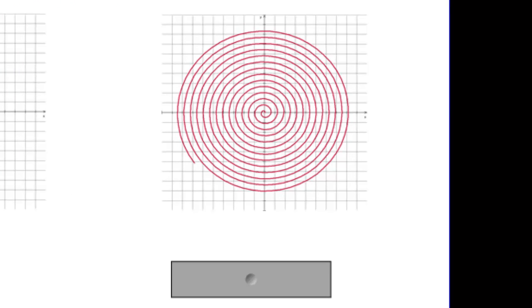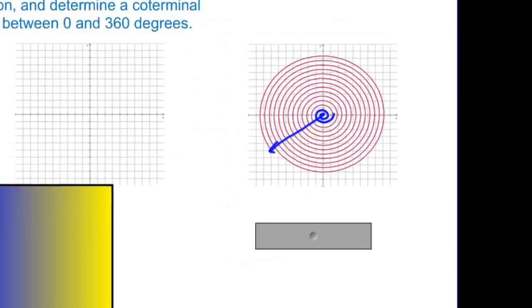So our first angle, so here's 360 degrees, 720, and so on until we end up with an angle that ends somewhere out here. So if we want to determine a coterminal angle between 0 and 360 degrees, we need to find out how many times we've gone around the circle so we can subtract those revolutions from our angle.